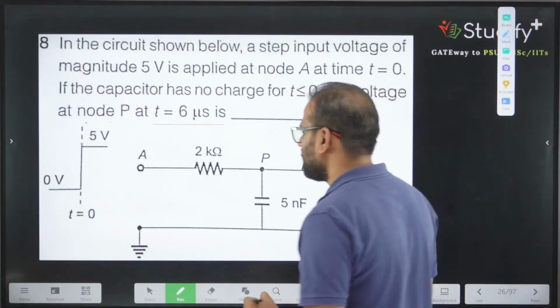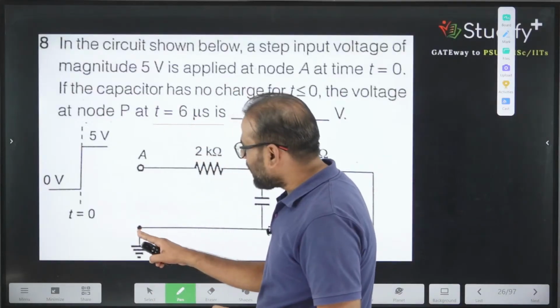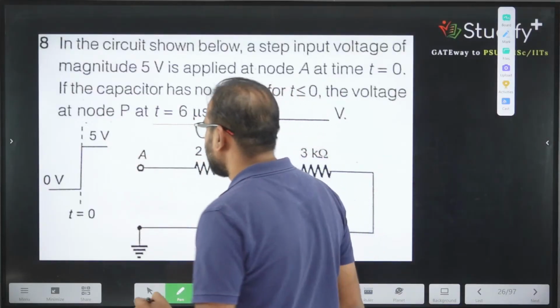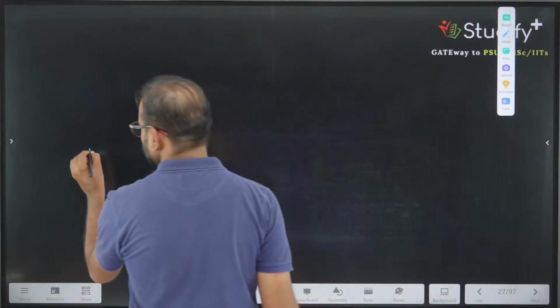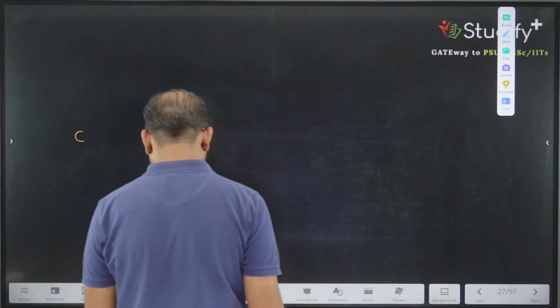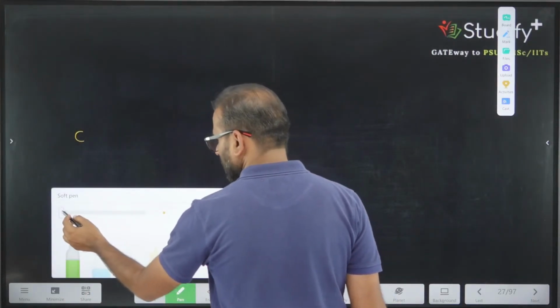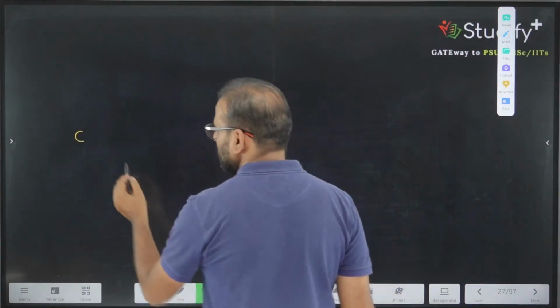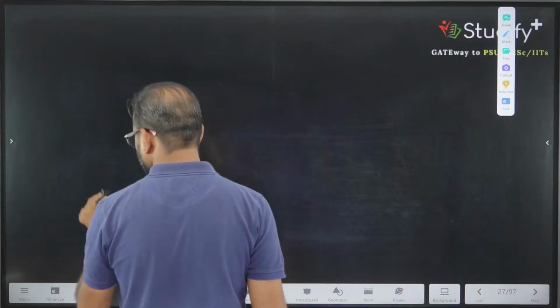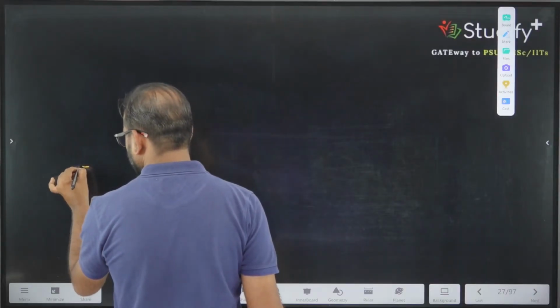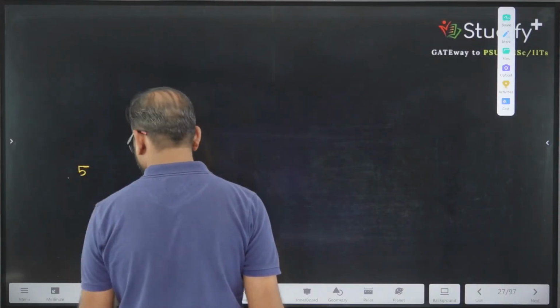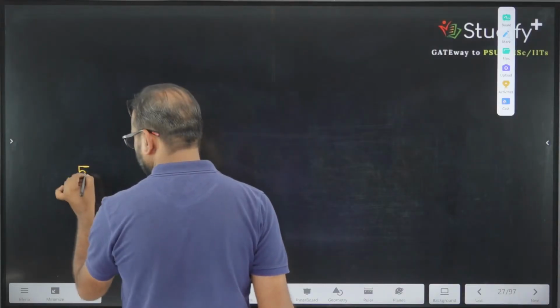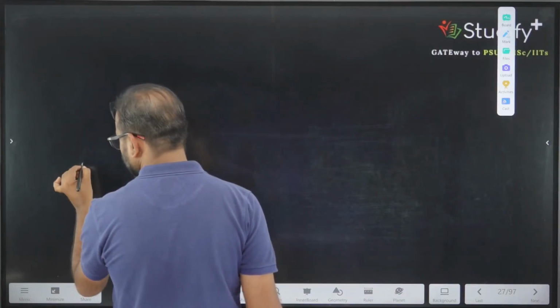What is the Laplace transform of 5 volt? The circuit in the Laplace domain has a potential of 5 by S at node 1.